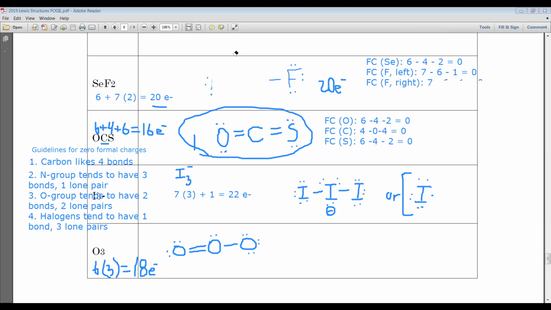So that structure is possible, as is the structure that I'm about to draw with a double bond going to the right.